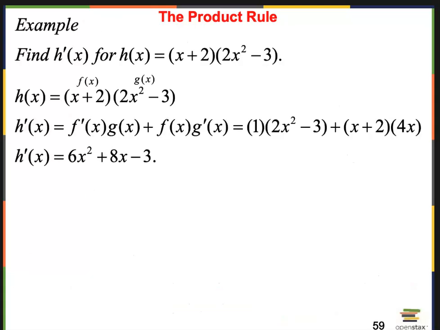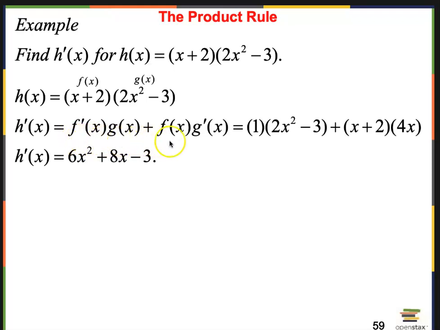Okay, so let's look at an example of using the product rule. So here we have a function h of x, which is made up of two functions, x plus 2 and 2x squared minus 3. So we'll label one of those f and one g. And I usually like to work to the side and find the derivative of f of x, which is 1. Find the derivative of the g function, which would be 4x, and then plug them in.